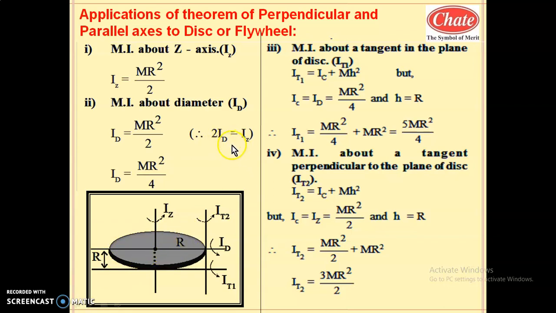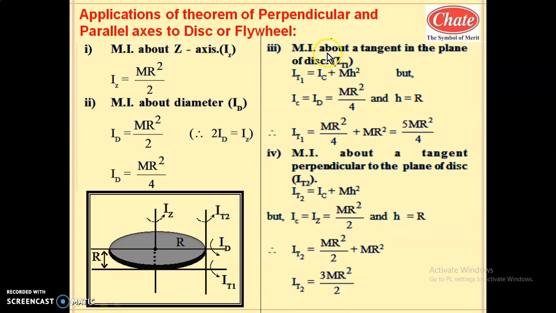So Ix plus Iy is 2Id. 2Id equal to Iz, hence Id equal to Iz by 2. Iz value is mr square by 2, so Id will be Iz by 2, that is mr square by 4. So moment of inertia about diameter of the disk is mr square by 4.